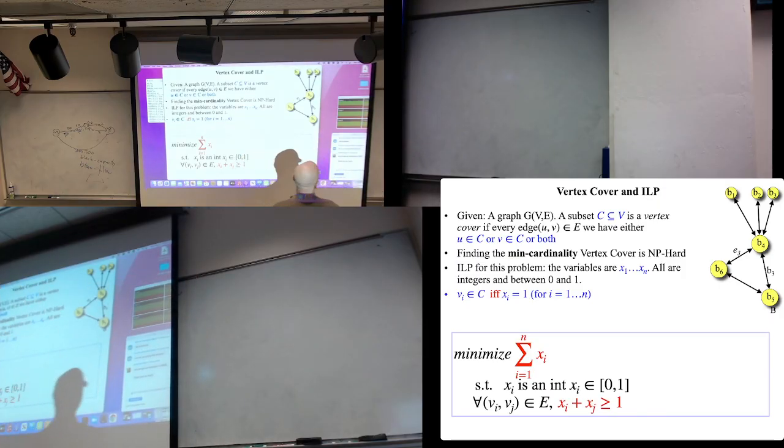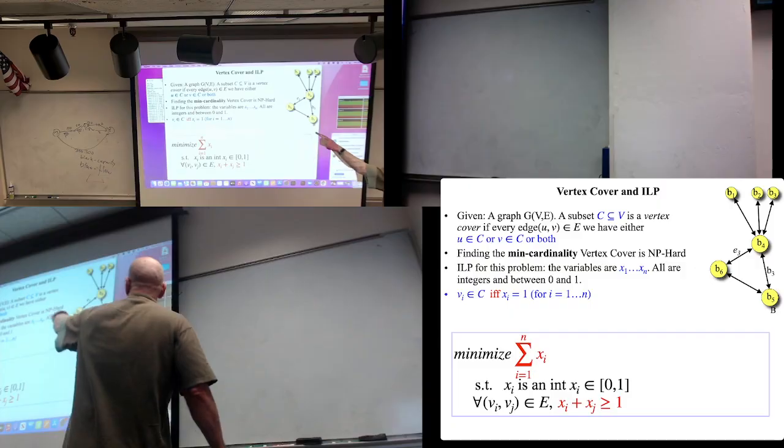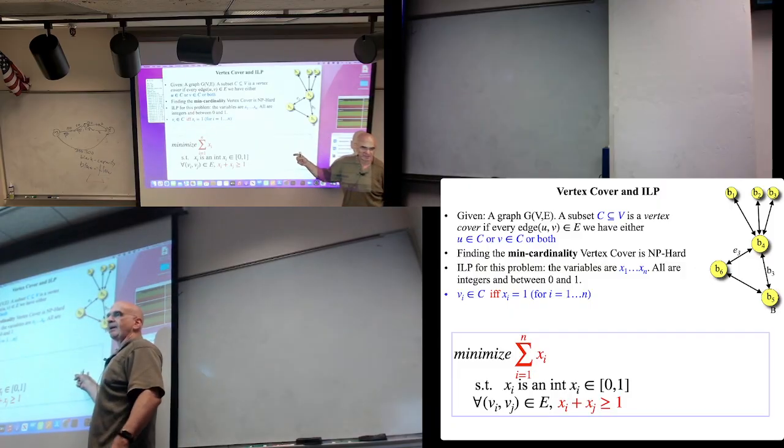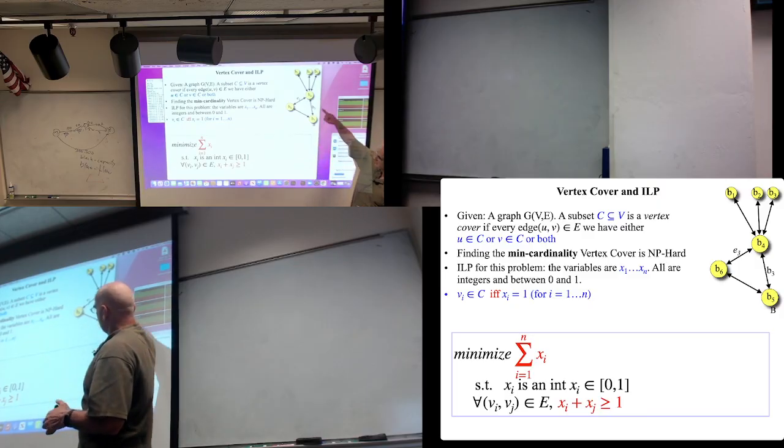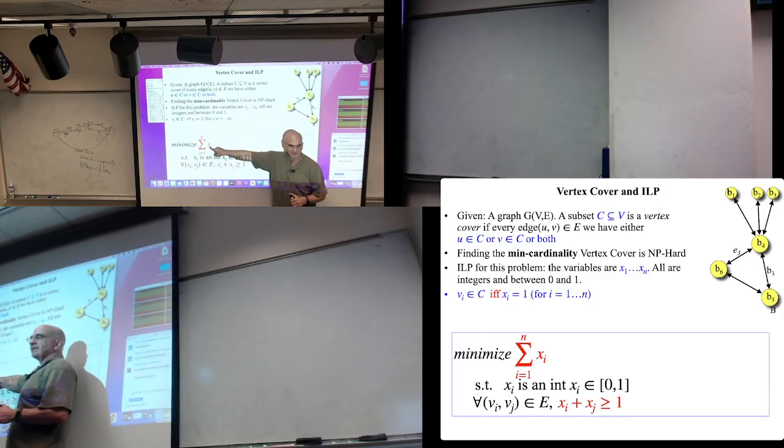Okay, so how do we do it if we have ILP? It's really easy, right? What we want to do is to set, for every vertex vi, a variable xi, and if this variable xi is 1, then it means that the vertex vi will be in my set cover.